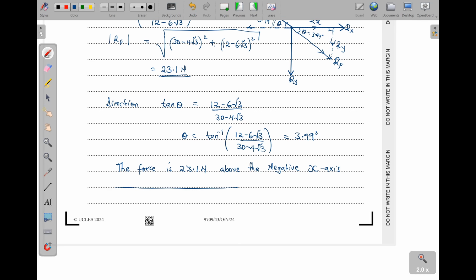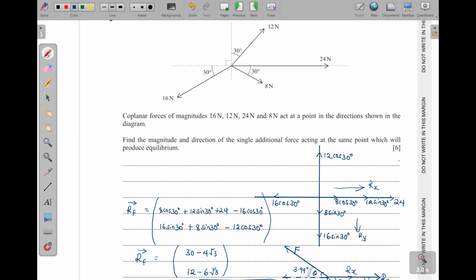If we had a force there, just like we have 24 here, suppose I had a force here, let's say 50 newtons, I would have said above the 50 Newton force, but we don't have any, I just say above the negative x-axis.